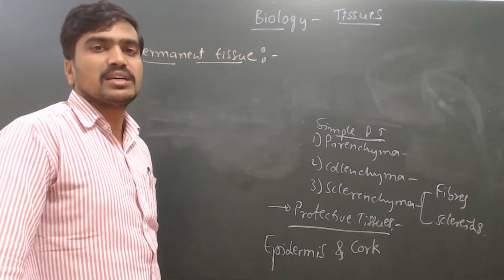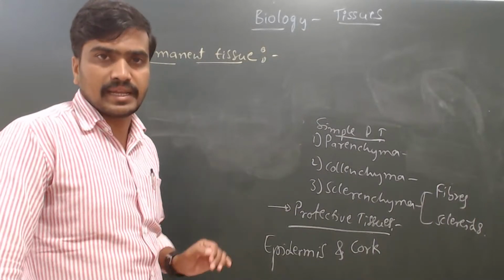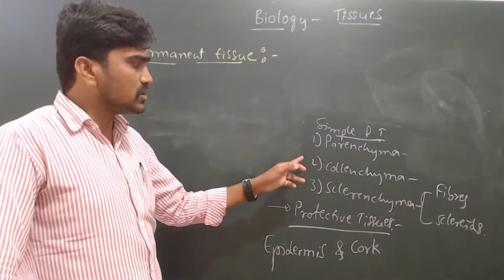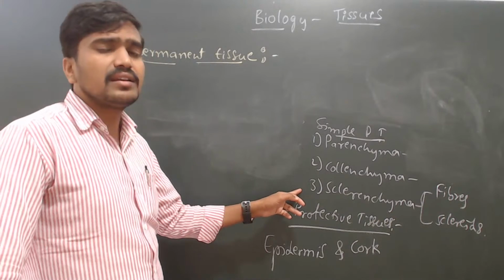And in sclerenchyma, the cell wall is made of lignin.